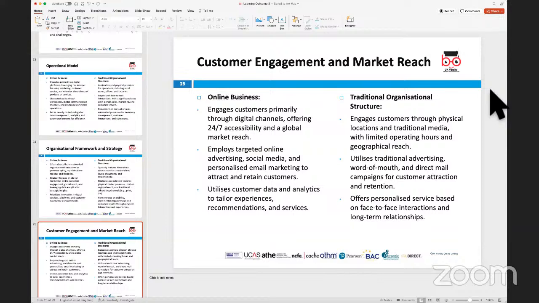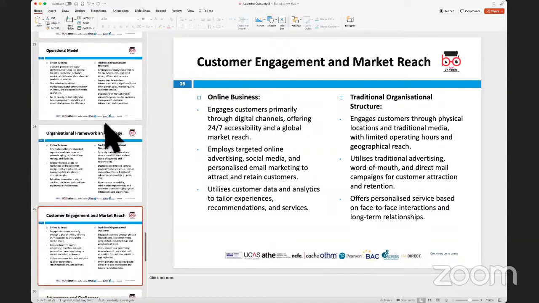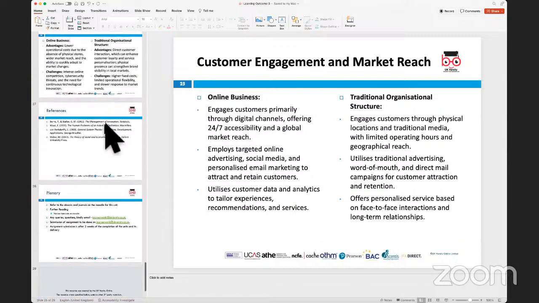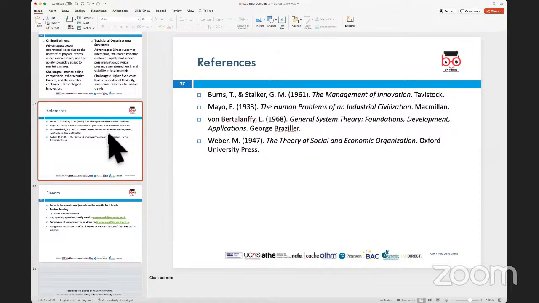And obviously, that business has been going for over 50 years now. So think of examples that you can relate to when you talk about the two different types of businesses, online versus traditional, and that would allow you to understand this particular aspect of learning outcome 3.1.